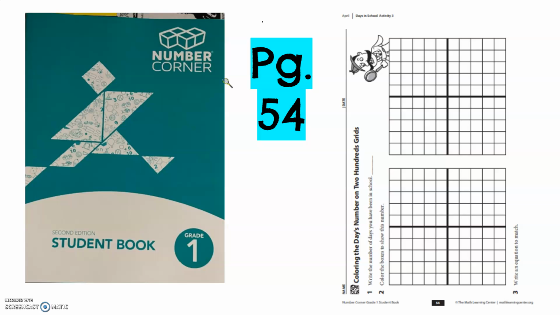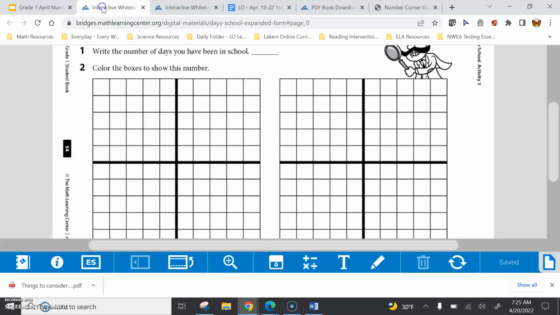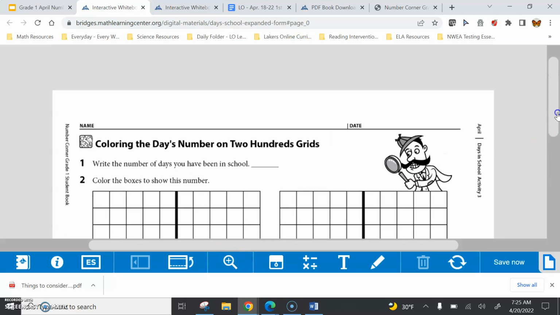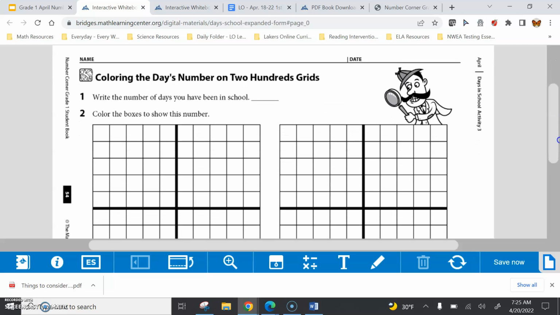On this page, you're going to do something pretty cool. You are going to identify on this page, and I'll start it off this way. Here's page 154. I'm sorry, page 54, forgive me.